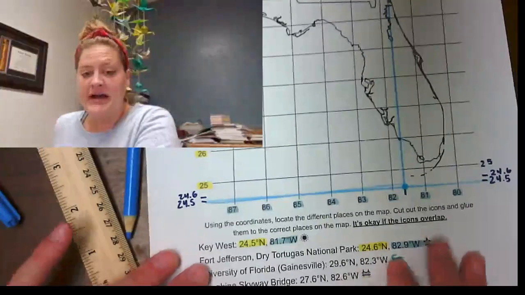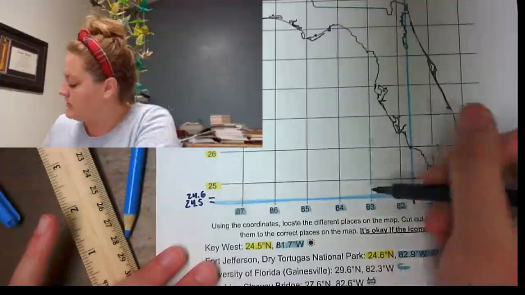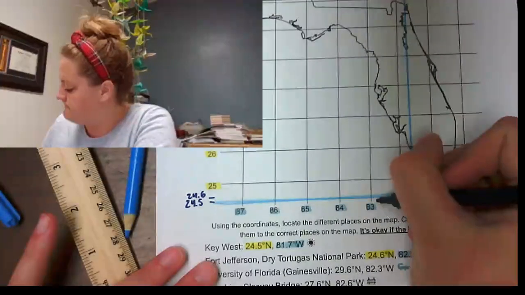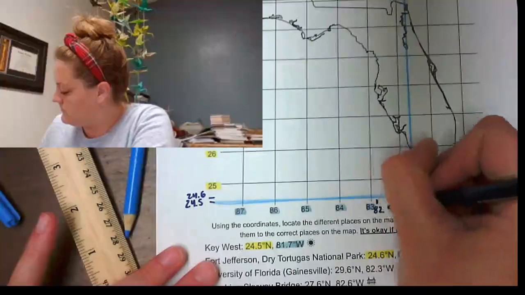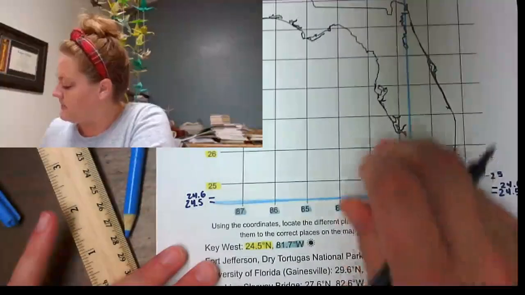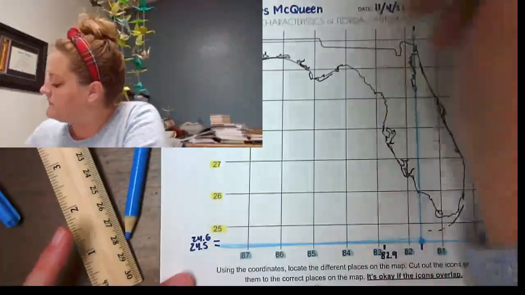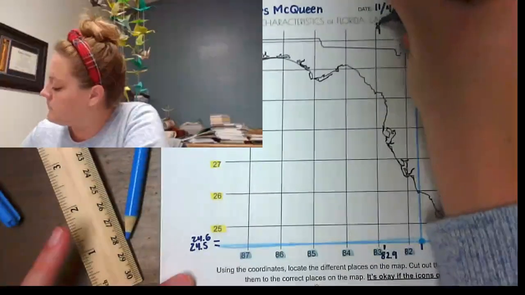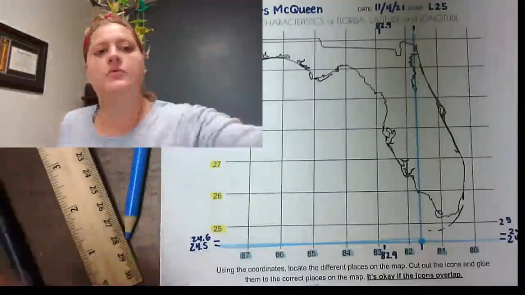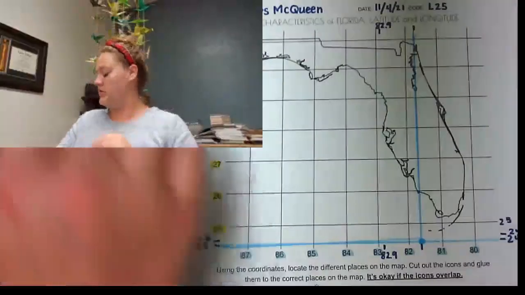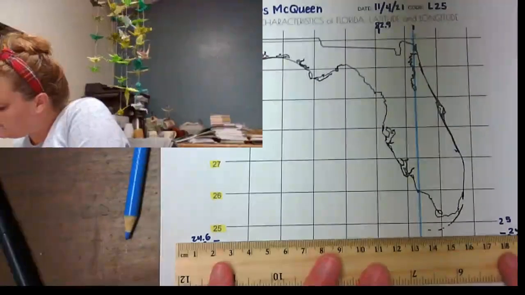Then it says 82.9 degrees west. 82.9 would be really close to this 83. And then if you come up here, 82.9. And then you are going to draw your latitude and longitude lines. We're going to start with the latitude like we were supposed to last time.